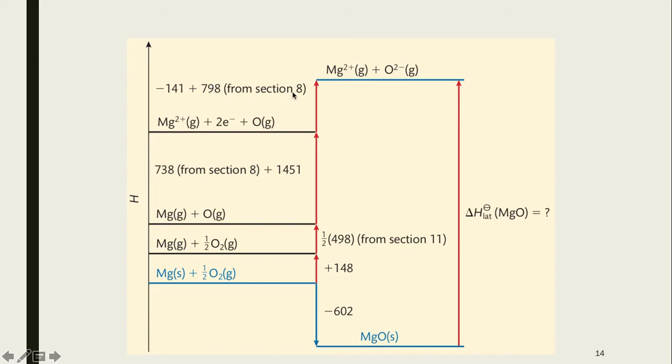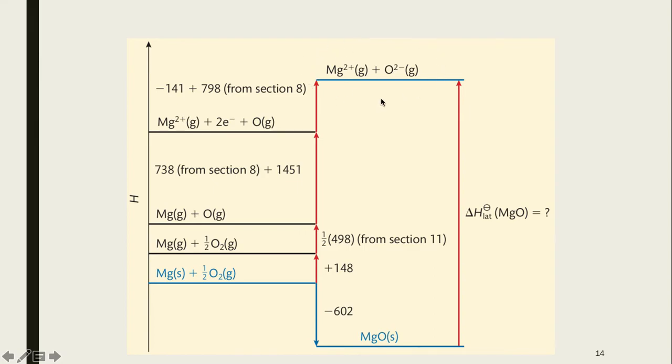We also get that from section 8 of the data booklet. Now, if we were to add these two together, it is positive overall, which is why the arrow is going up. So this is one difference from before. Okay? From before, we only had one negative electron affinity, so the arrow was going down. This time, the arrow is going up.